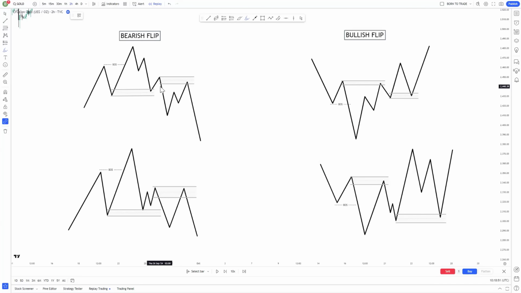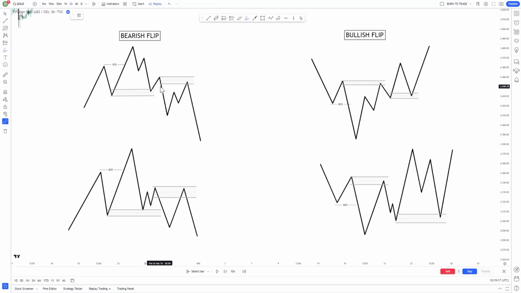Now, in trading, a supply and demand zone flip refers to a market phenomenon where a previously established supply or demand zone reverses its role. So this is a case where supply and demand levels reverse their role in the market. That means the supply will either flip to a demand or a demand will flip to a supply.